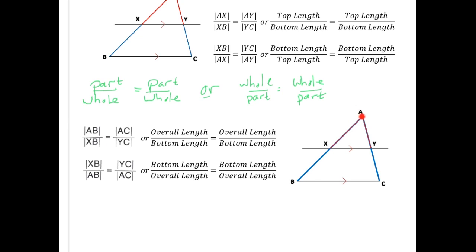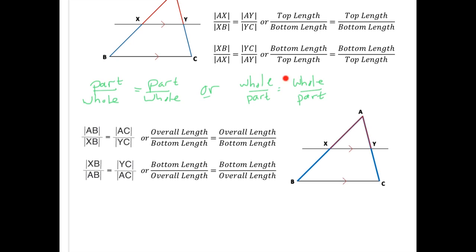I could have taken the length of the top piece, just to make note of that, but I'm just going to go with the bottom piece. So the length of the whole line AB divided by the length of the bottom piece XB will be equal to the same ratio on this right hand side, so the whole length AC divided by the bottom length YC.